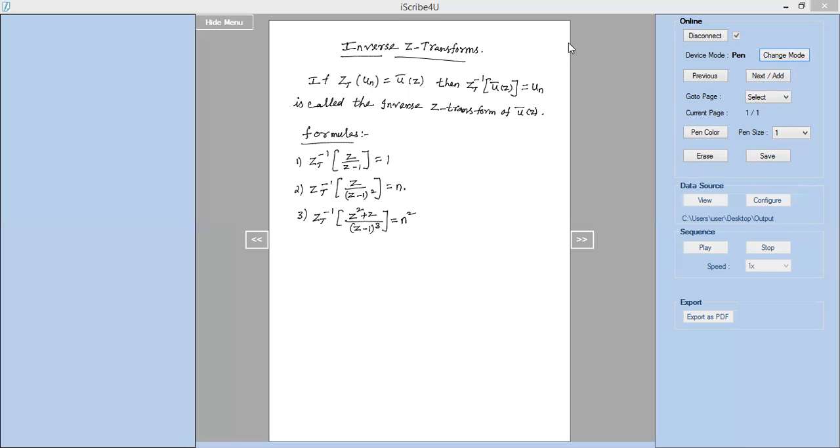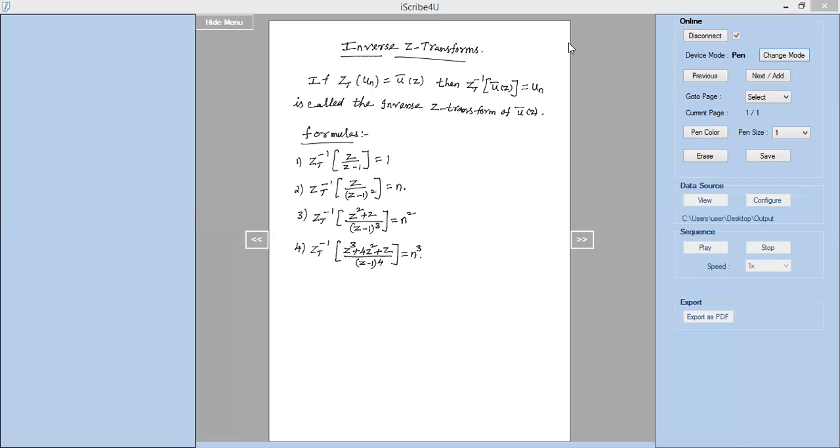Next one: Z inverse of z cube plus 4z square plus z divided by z minus 1 whole power 4 equals n cube. So we remember these, and one more formula also.